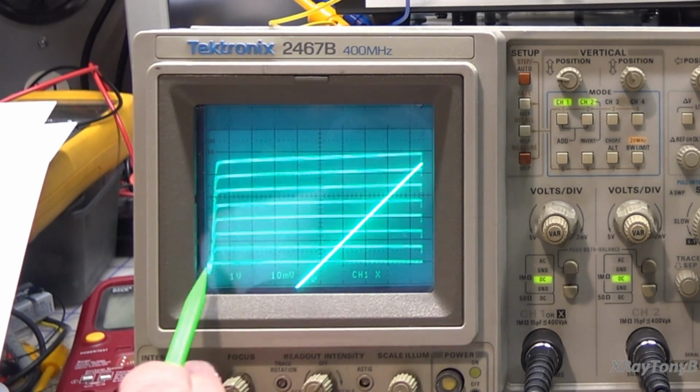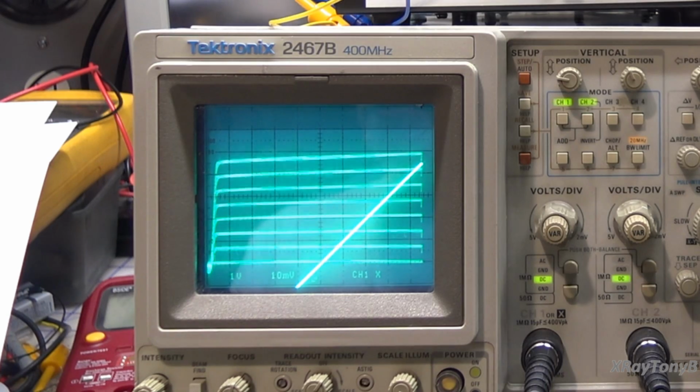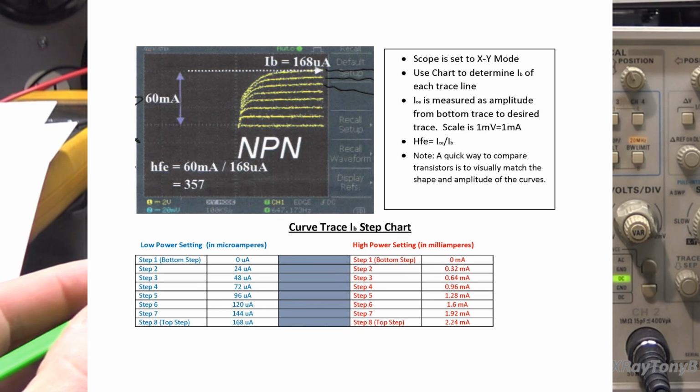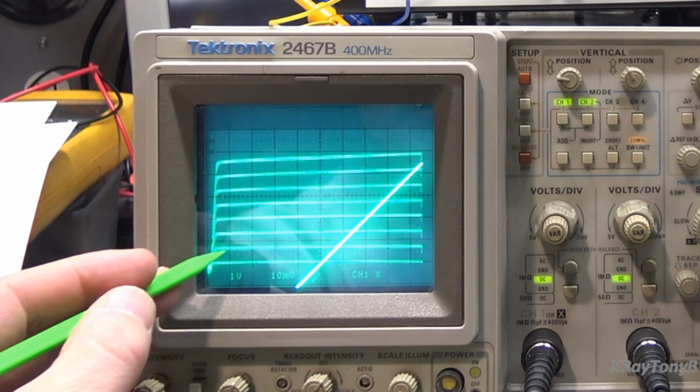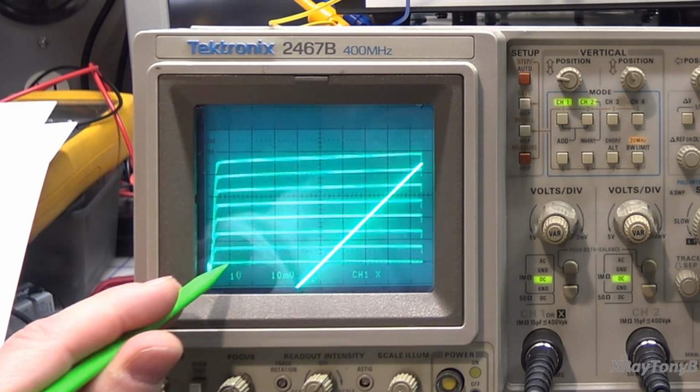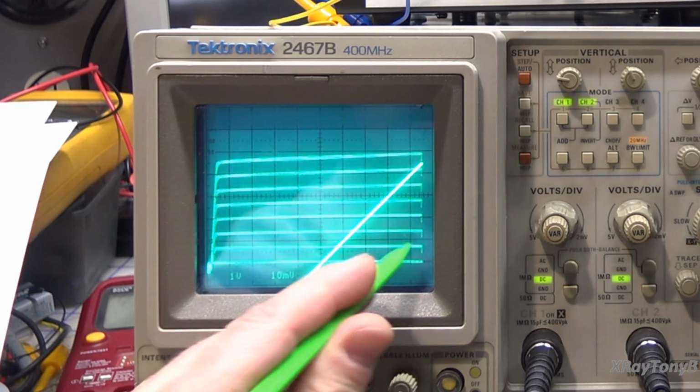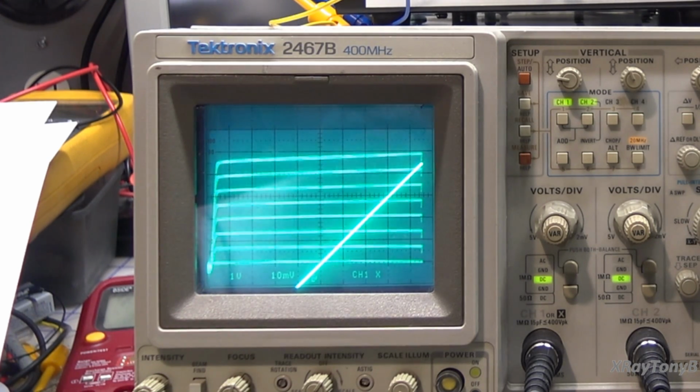So when we apply a certain base current, for instance, step number 2 is 24 microamps. By applying 24 microamps of current from the base of the transistor to the emitter of the transistor, we're outputting this little amount of collector to emitter current, if that makes sense to you.